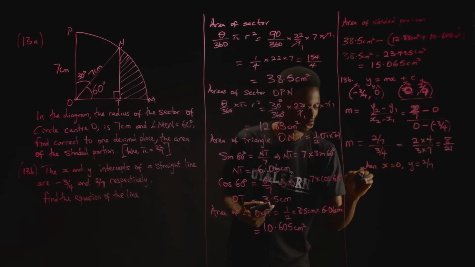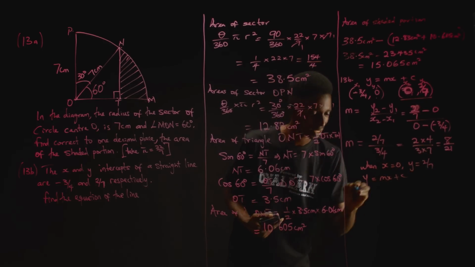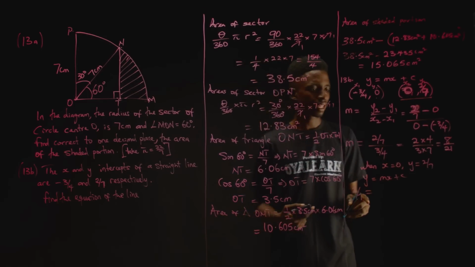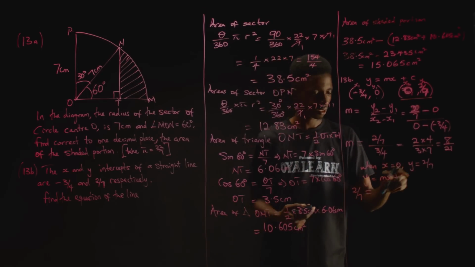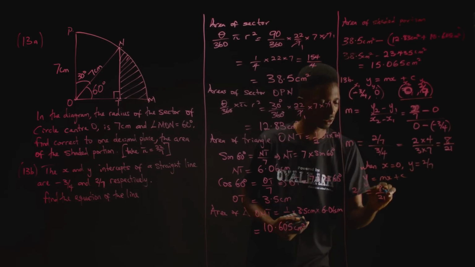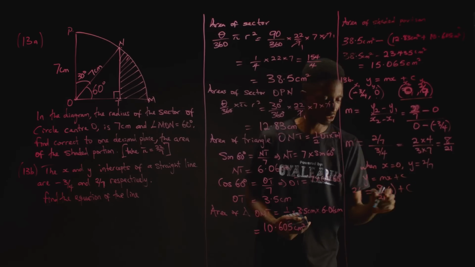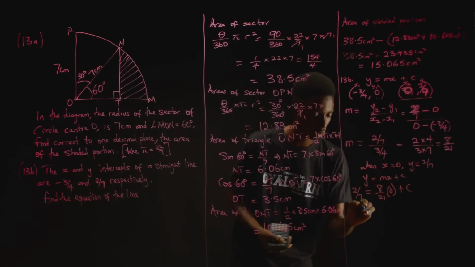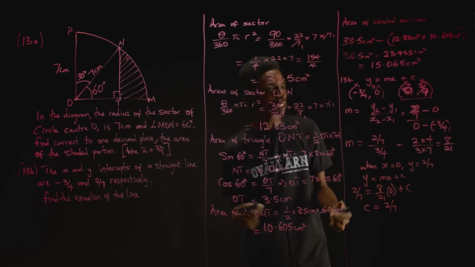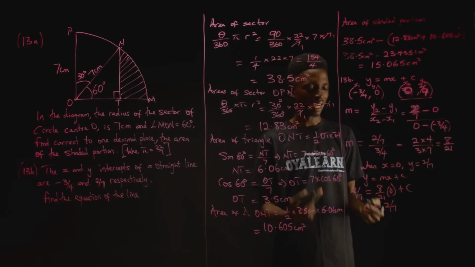So using our y equals mx plus c, y is 2/7 equals m. Where's our slope? Yes, 8/21 into x. X is 0 here, plus c. So all of this will give us 0. So c becomes 2/7. Now you can do this also with this other coordinate. It will still arrive at the same answer.